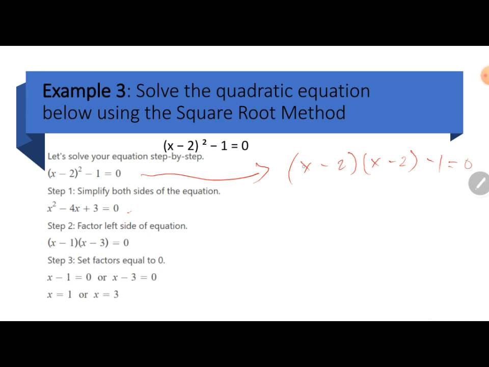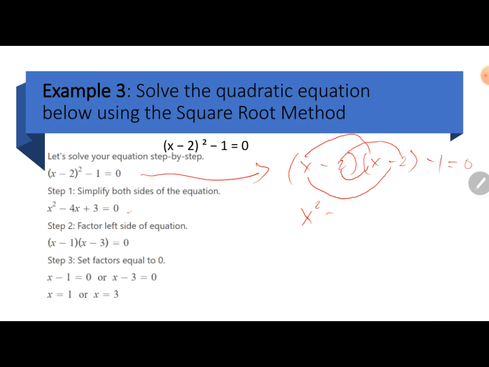Next, we're going to apply the FOIL method, or mostly called the smiley method here. First we're going to have x squared. Next would be, what is the sign?